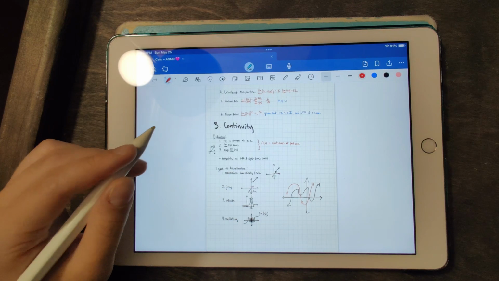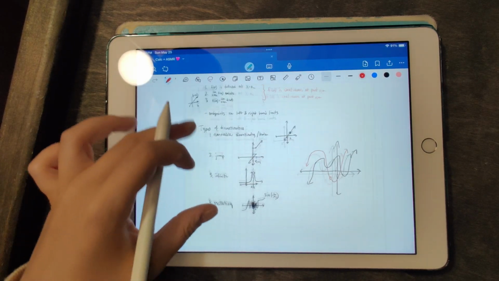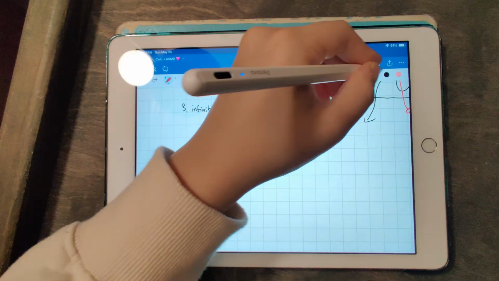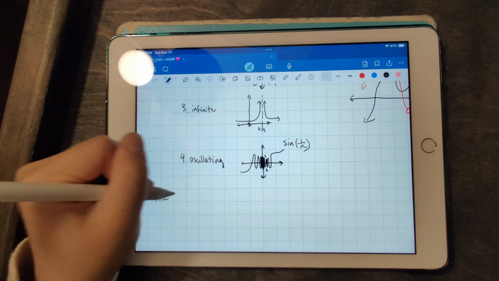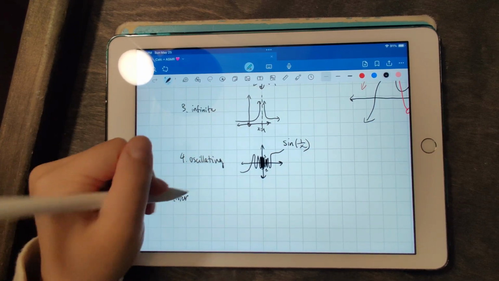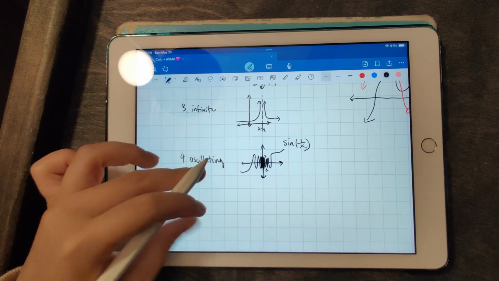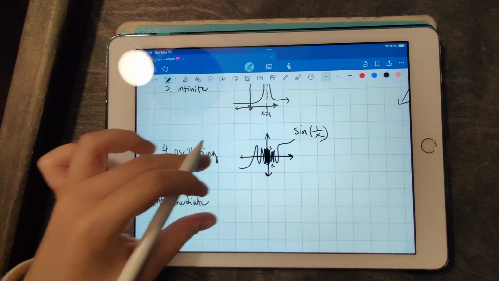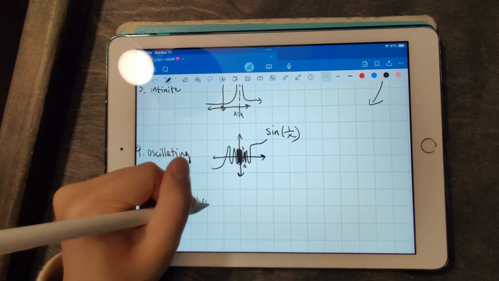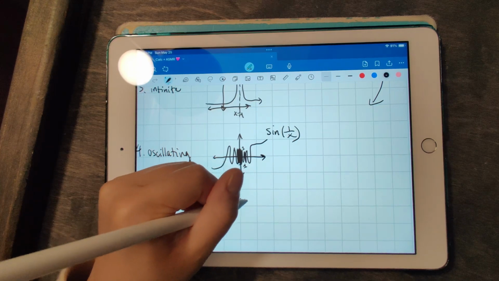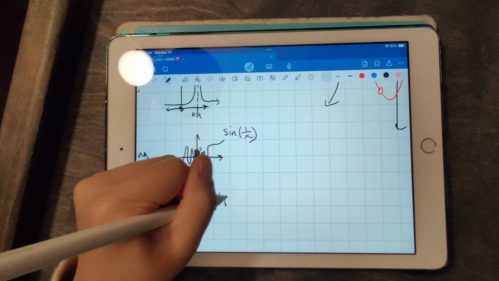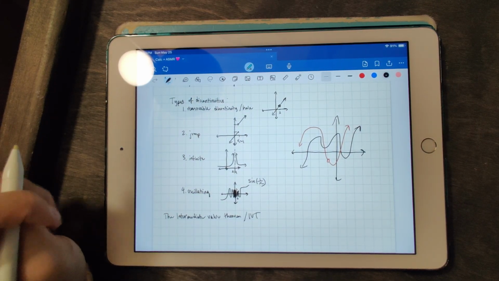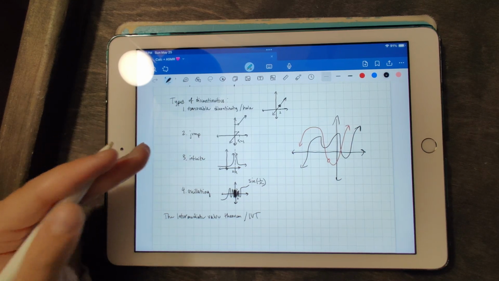One application of continuity I want to talk about is this theorem called the intermediate value theorem, also abbreviated as the IVT. This is one of those theorems that, like I mentioned earlier, uses continuity as a requirement for the theorem to work.